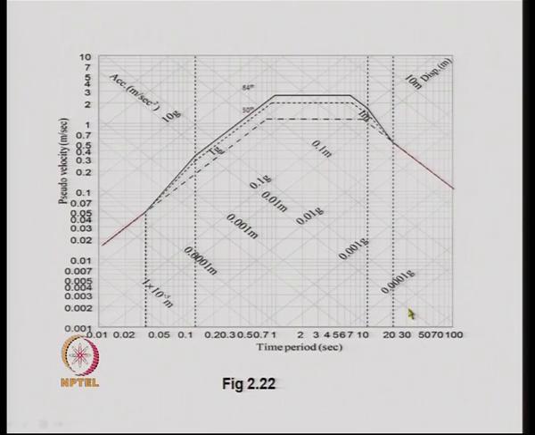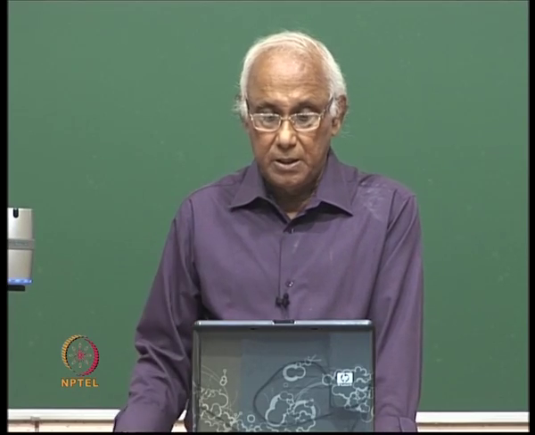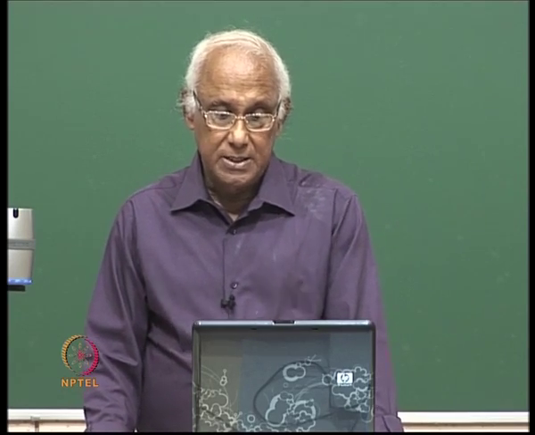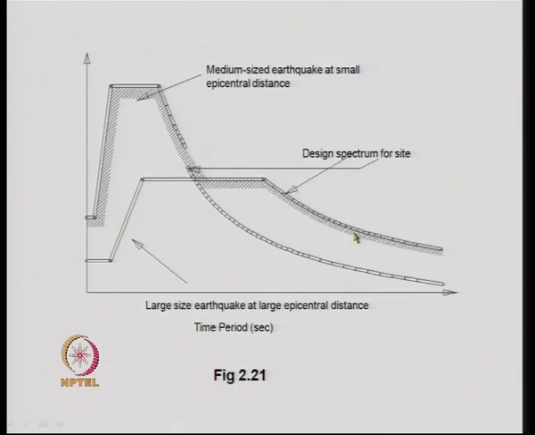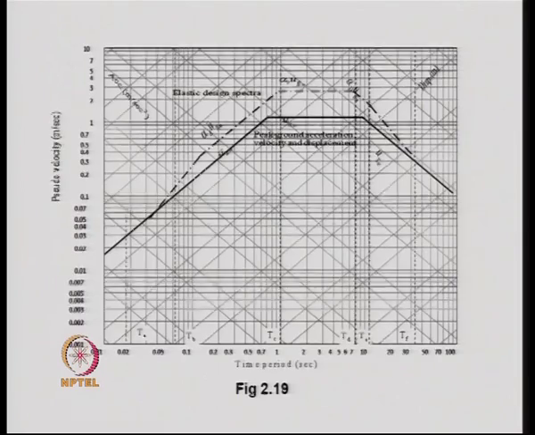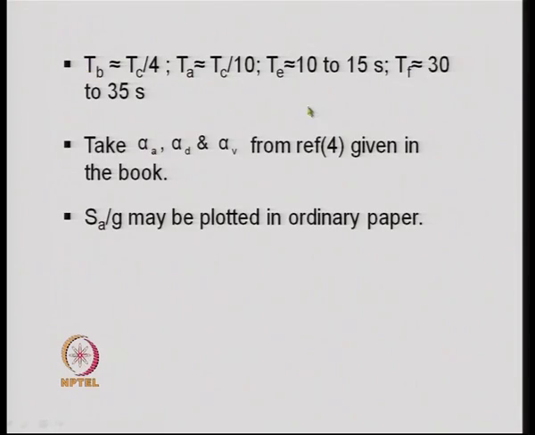Generally, the TC value may be given, and from the TC value one can obtain the other values, that is TA, TB, etc., using the approximate values given by this relationship. Once you know this approximate relationship, one can obtain the values of TB and TA. TE and TF generally lie in this range.